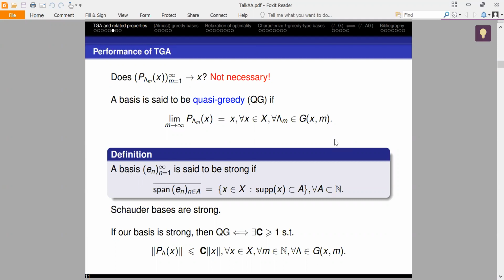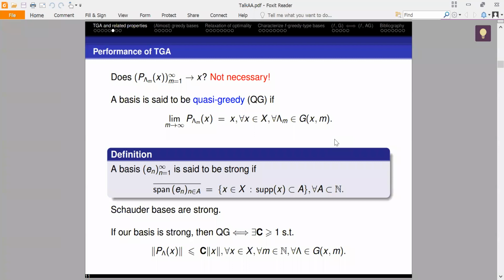That's a good question. So Schauder bases are strong, and let's say you look at a conditional Schauder basis, like the summing basis of c0. It is Schauder, but it is not unconditional. Then there must be some permutation of the basis that makes it no longer Schauder, right?